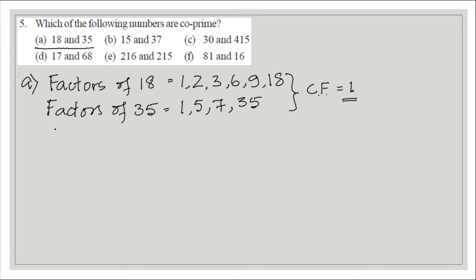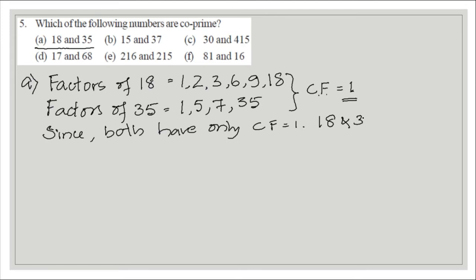Here I'll write, since both have only one common factor which is equal to 1, 18 and 35 are coprime.